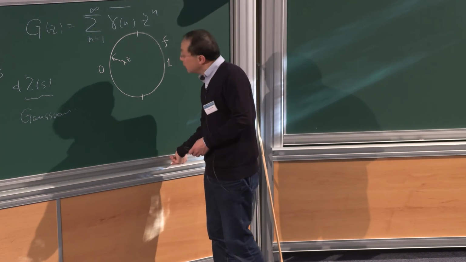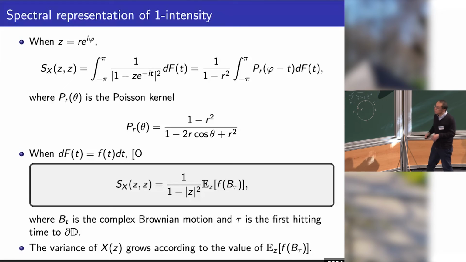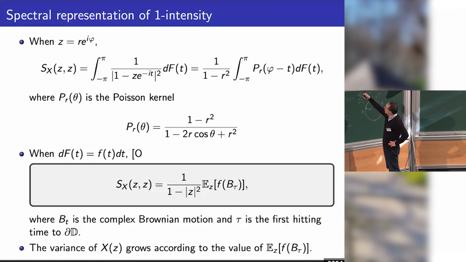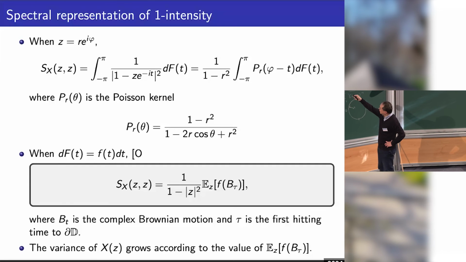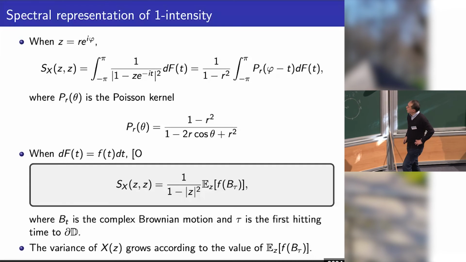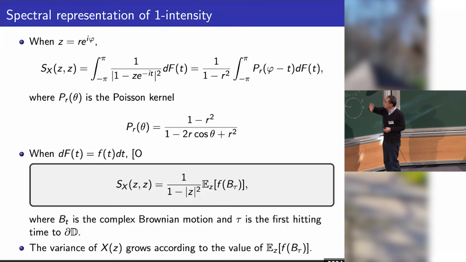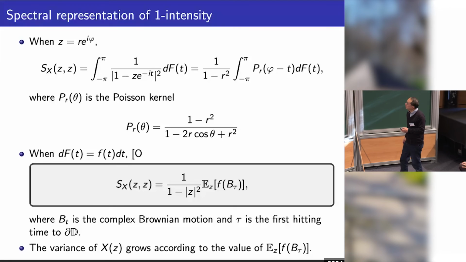In this case, this expectation is close to 0, so this covariance may be of order 1, of course, if there is some cancelling here and here. Anyway, the variance depends on the boundary value of the spectral density.